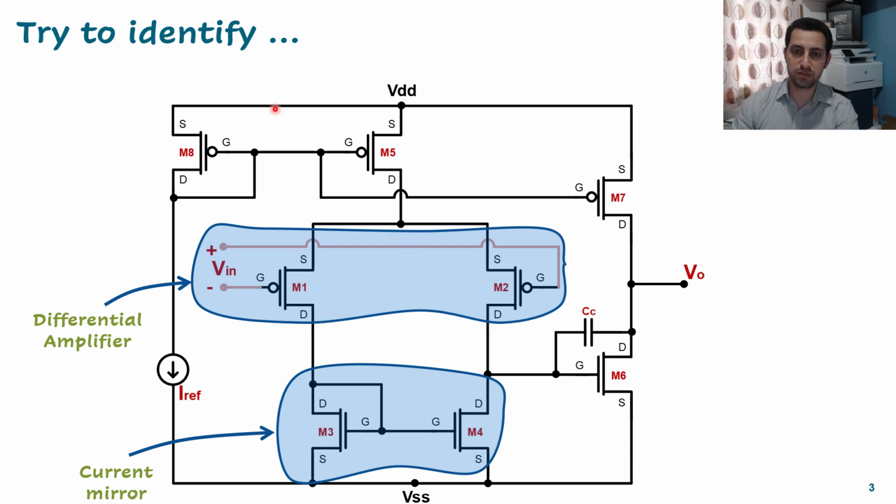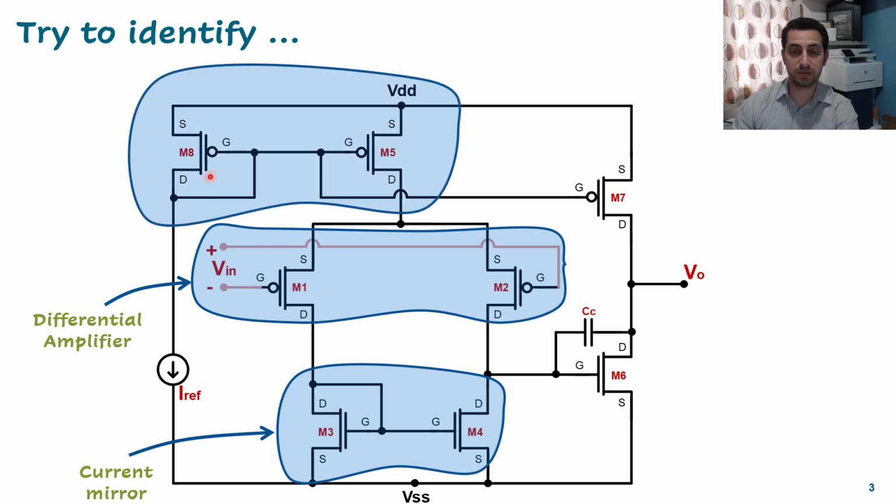We also have two sets of transistors which work like a current mirror, mirroring that reference and pushing that reference current, or part of it, to this node here. That means they represent a current source to the differential amplifier. Finally, we have the first stage of amplification here with the output here, but there is also another stage of amplification done by a common source amplifier, which is M6.